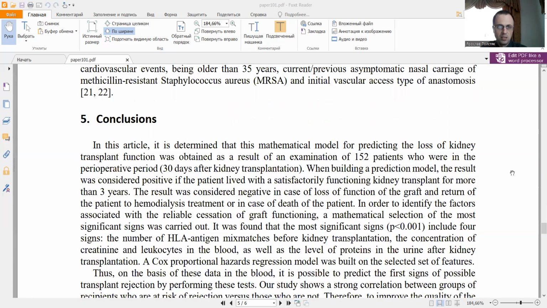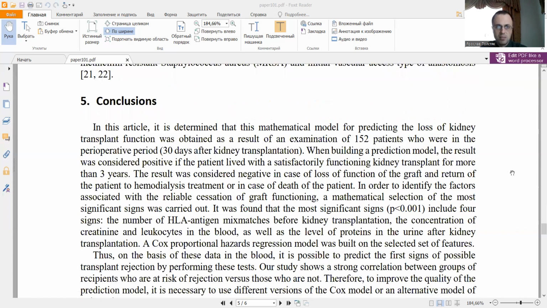Conclusion: in this article, a mathematical model predicting the loss of kidney transplant function was obtained as a result of examination of up to 1,500 patients who were in the period of 3 years after kidney transplantation. The result was considered positive in patients with satisfactory function of the kidney transplant for more than 3 years.